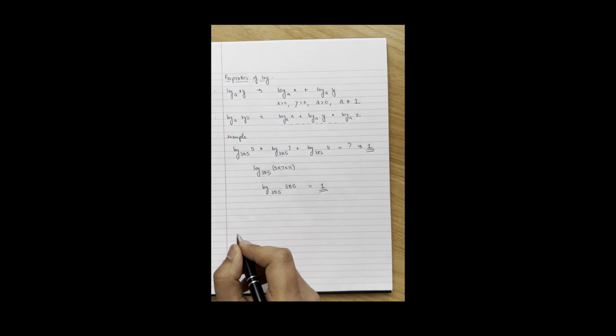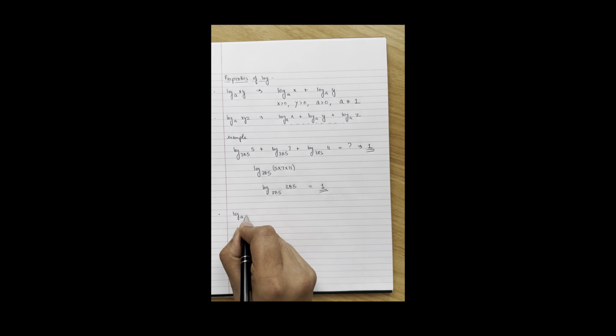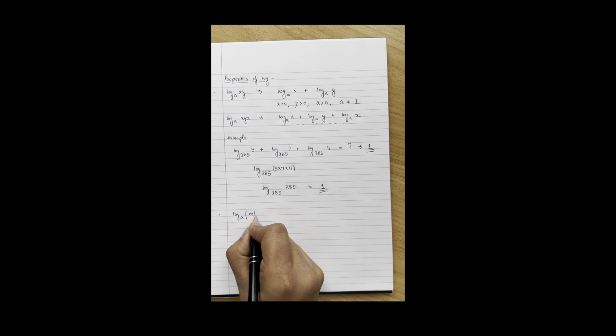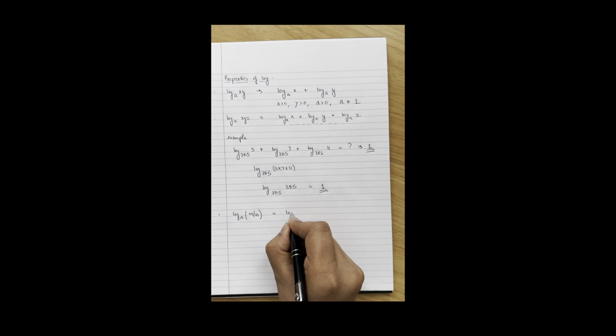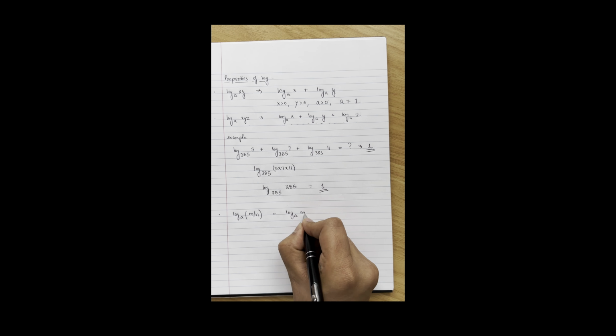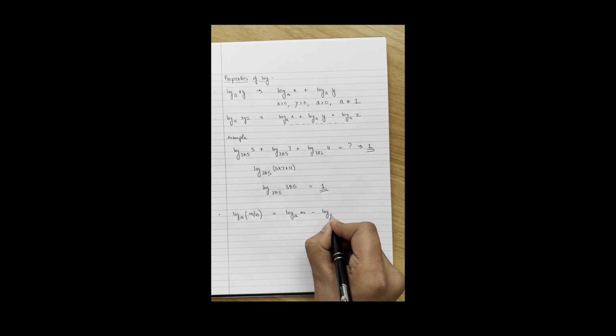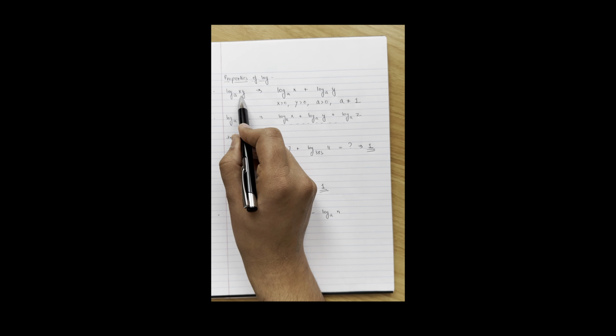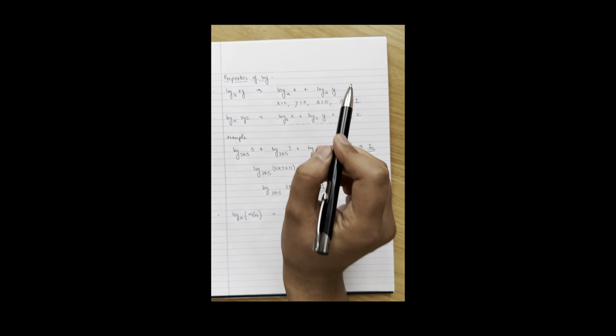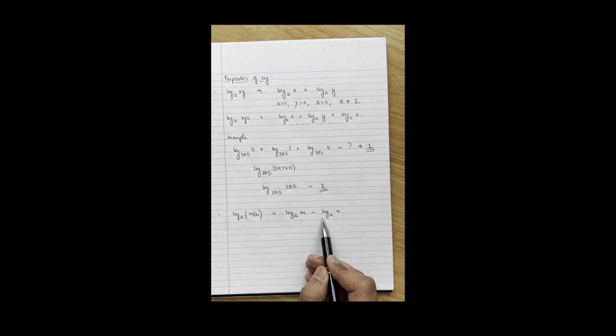Now the second property is log a of m by n. We can write it as log a m minus log a n. So when the natural numbers are multiplied, you write an addition. When they are divided, you write a subtraction.